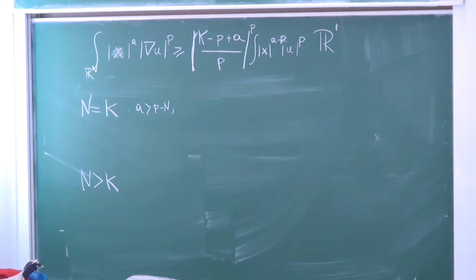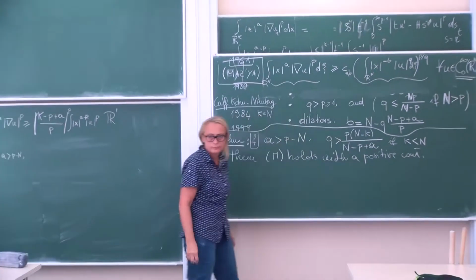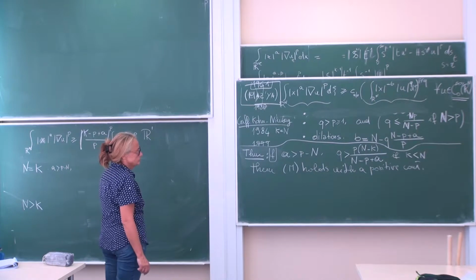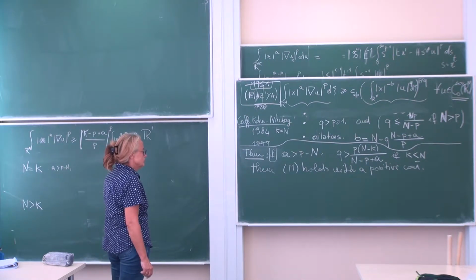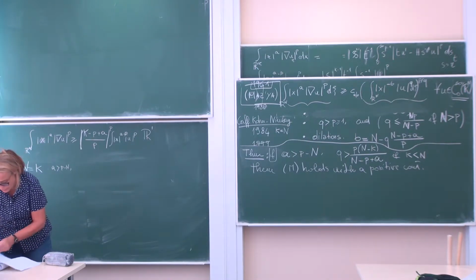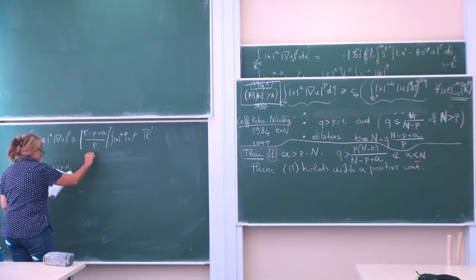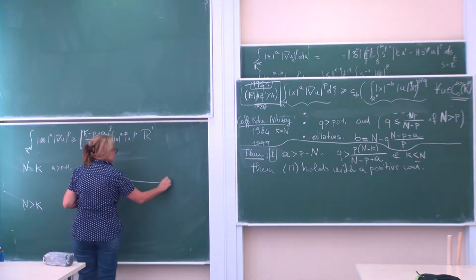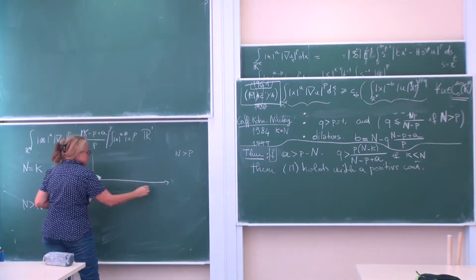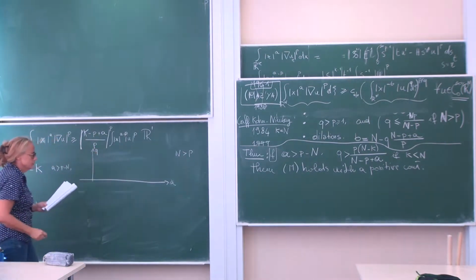Let me say, if K is smaller than N, otherwise this means 0. So I was just trying to draw; you have a nice drawing here. Let me assume that N is greater than P.